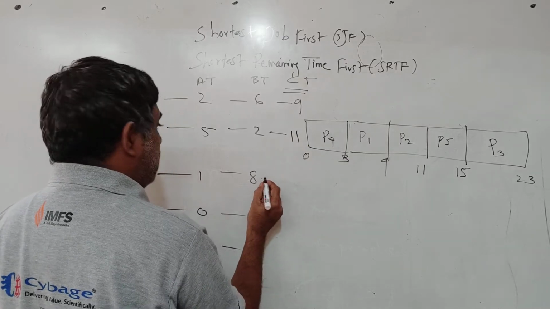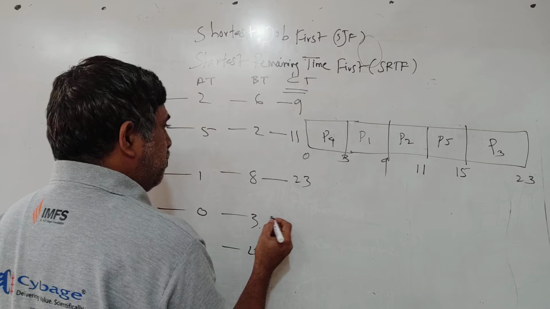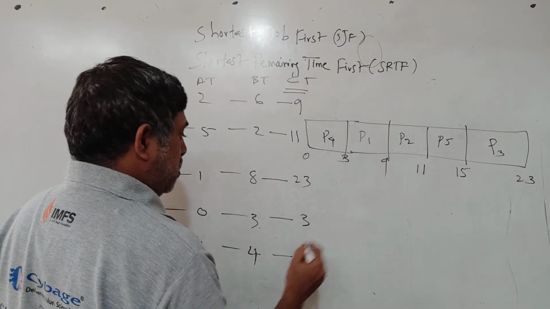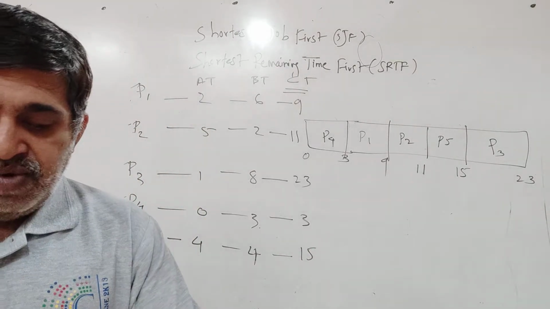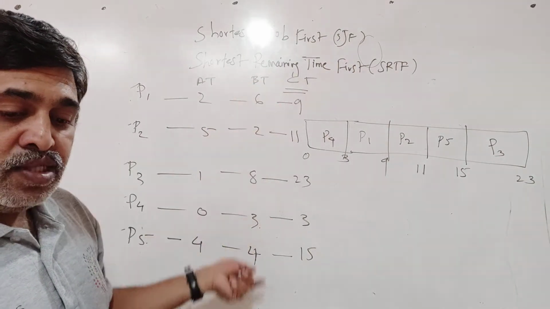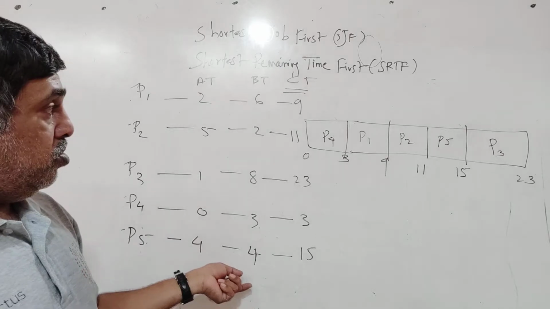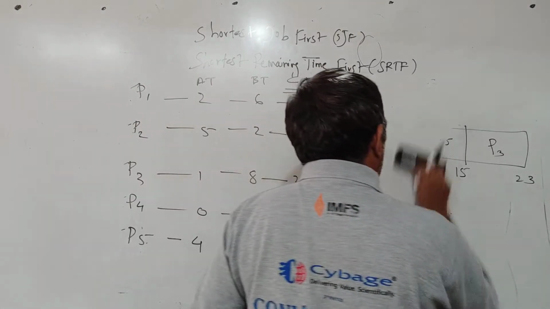Process P3 finished at the 23rd unit. Process P4 finished at the 3rd unit, and process P5 finished at the 15th unit. So now we have the completion time with us. We don't require this Gantt chart now.